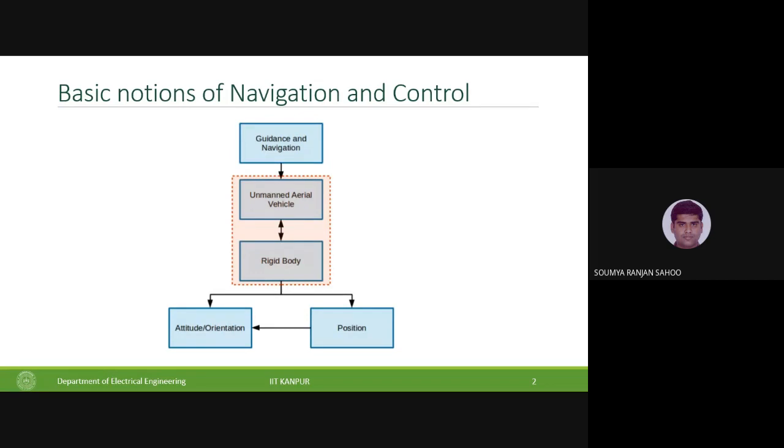Now once these commands are received, the controller takes the XY position command and generates the desired roll and pitch commands. So now you have your desired roll and pitch coming from the position controller. You have your yaw angle or heading angle already given from the command itself. All these three together make the desired attitude, and the attitude or orientation controller takes care of the fact that you meet the desired attitude.